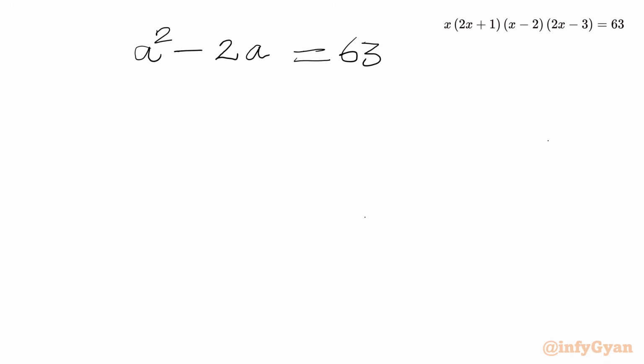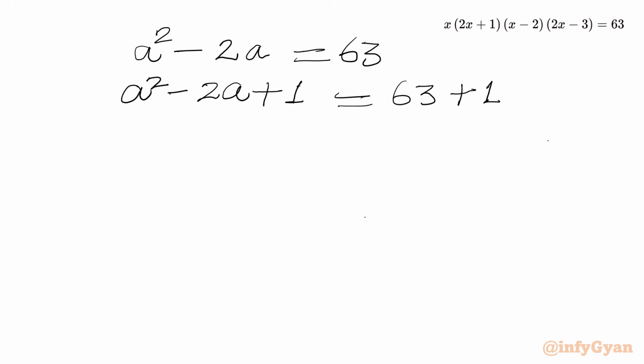Now I will use the completing the square method. So the coefficient of a is minus 2, half of minus 2 is minus 1, square of minus 1 is plus 1. So we are going to add 1 to both sides. We have added 1 in LHS, so we will add 1 in RHS.